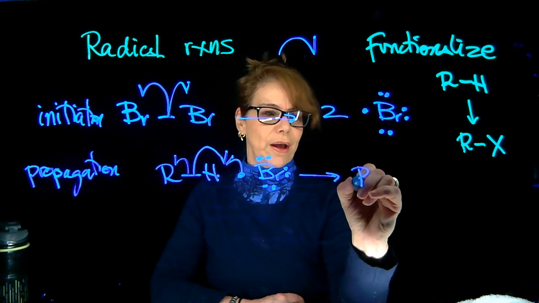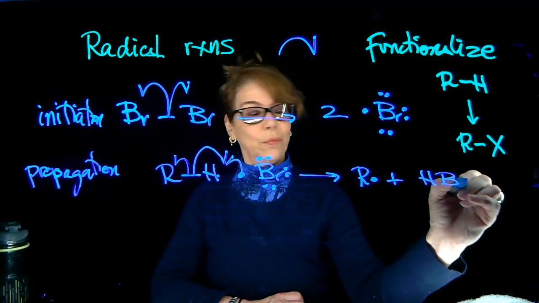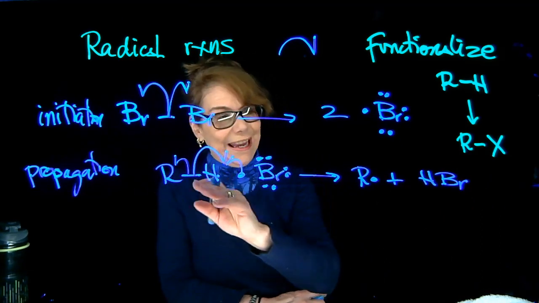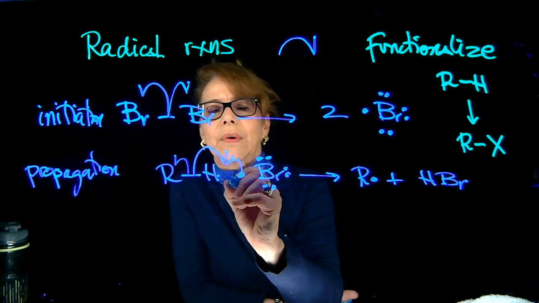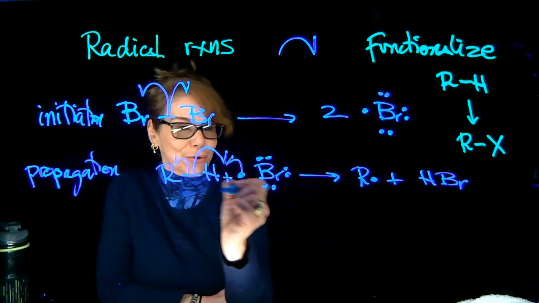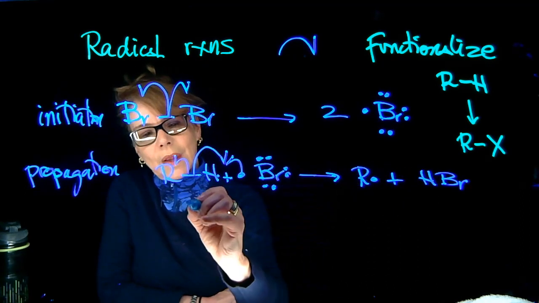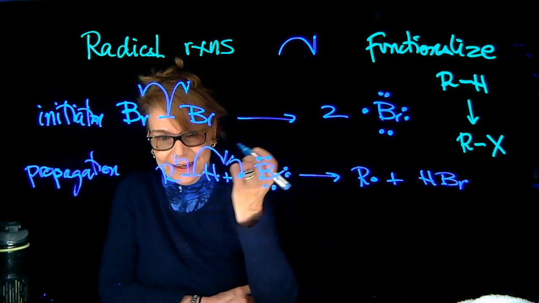So now you have the R radical plus HBr. That's one propagation step, and notice that you are starting here with one radical and you're producing another radical.